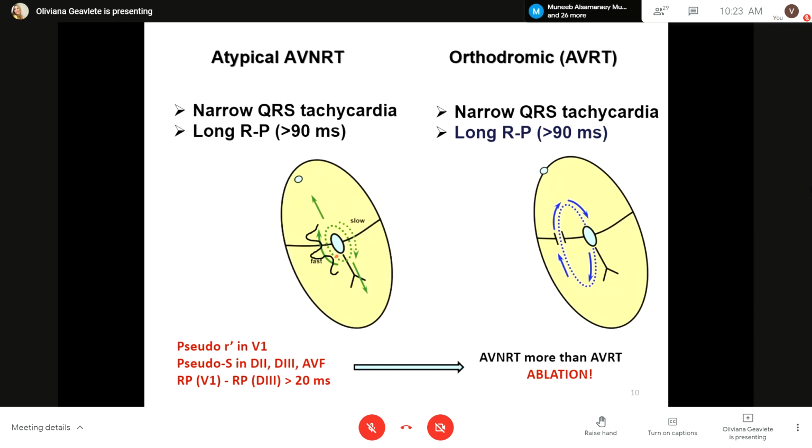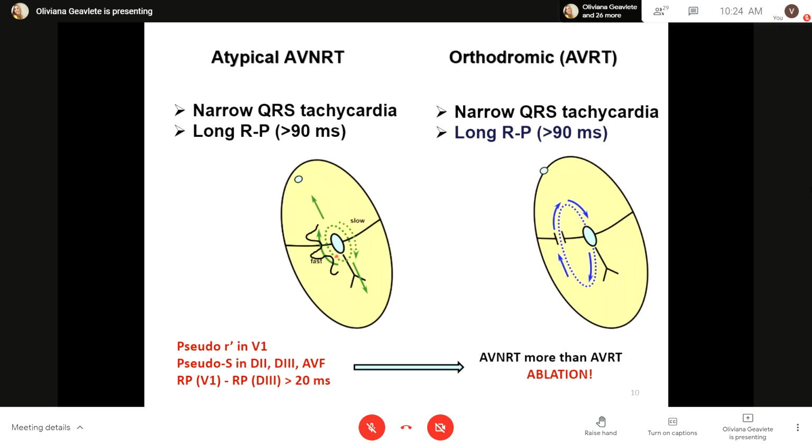You can make this calculation, RP in V1 minus RP in D3, and if it's more than 20 milliseconds, it will probably be AVNRT more than AVRT.